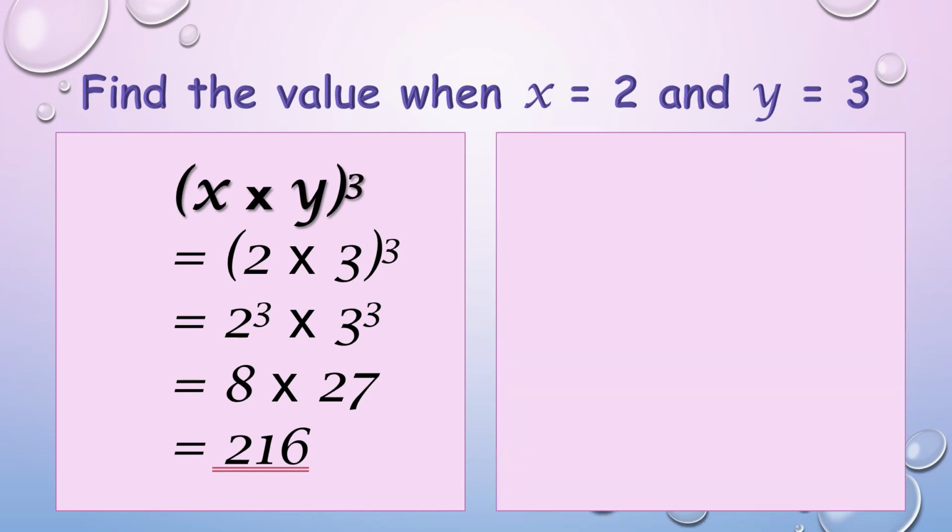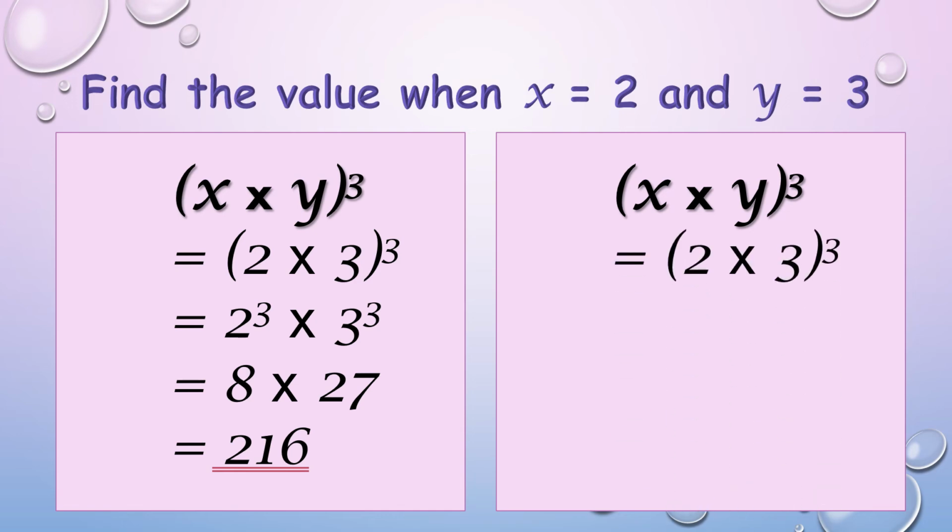Let's see what the second method is. It is x times y to the power 3. Then you have to substitute the values of x and y. Inside the bracket, it's 2 times 3. You know that 2 times 3 is 6.